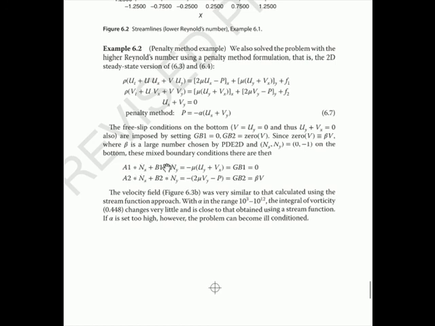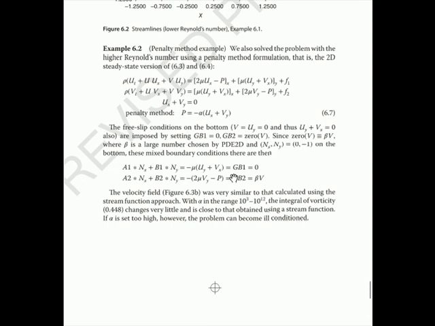But on the bottom, Nx is 0, Ny is minus 1. The unit normal is downward. So that's just 0 plus minus 1 times B1. B1 is that, and that's 0 because, as we said, V is 0. Therefore, V sub x is 0. U is not 0, but U sub y is 0. So GB1 is going to be 0.